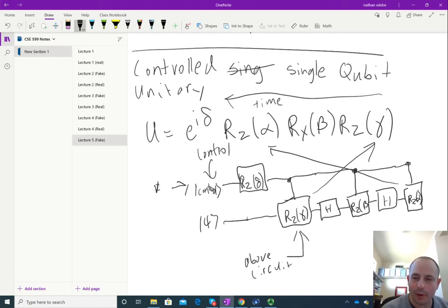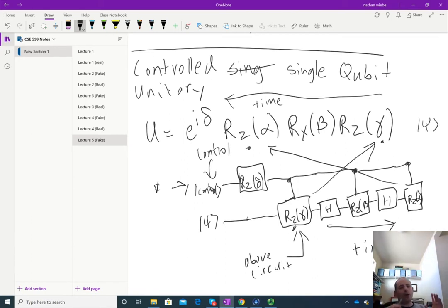So the first operation that you apply to a vector, psi, is this one. And the last one that you apply is that one. Similarly, on a quantum circuit, we define time to go from left to right. And so this operation is the first one, just like we end up seeing over here. So that's the reason why: quantum circuit diagrams and matrix multiplication make opposite conventions about whether right means time or left means time.